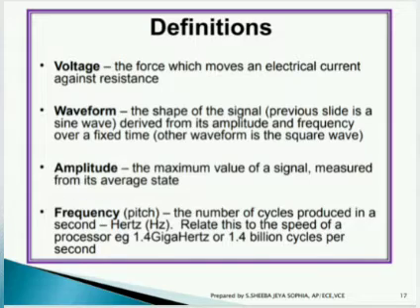Voltage: the force which moves an electric current against resistance. Waveform: the shape of the signal derived from its amplitude and frequency over a fixed time. Amplitude: the maximum value of a signal measured from its average state. Frequency: the number of cycles produced in a second, usually measured in hertz.